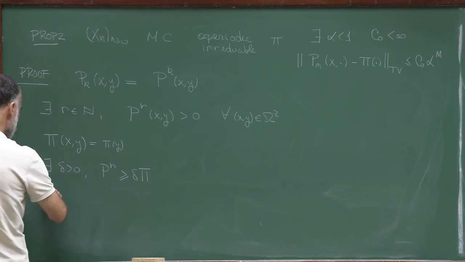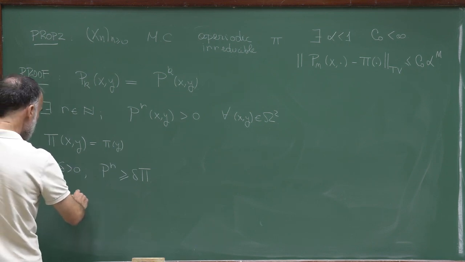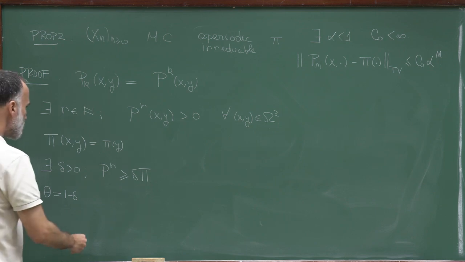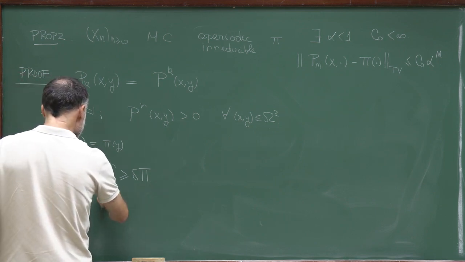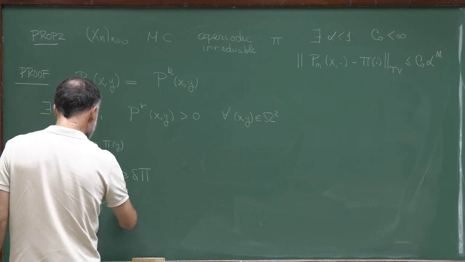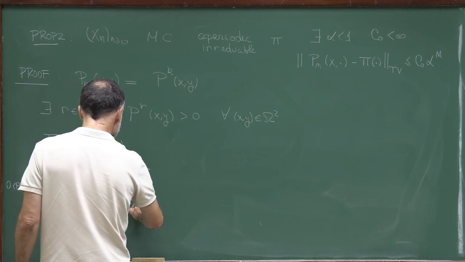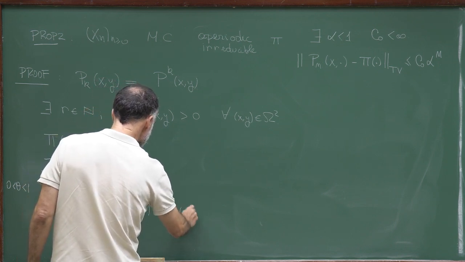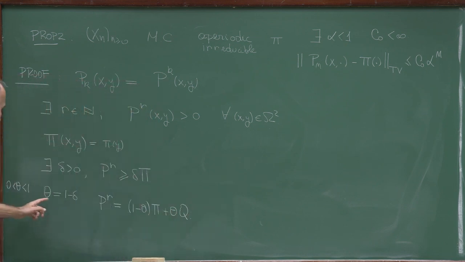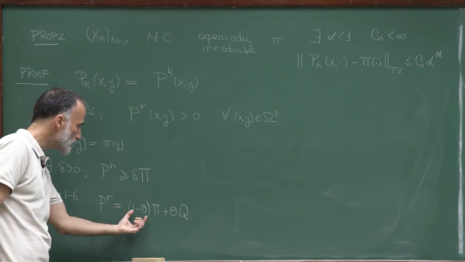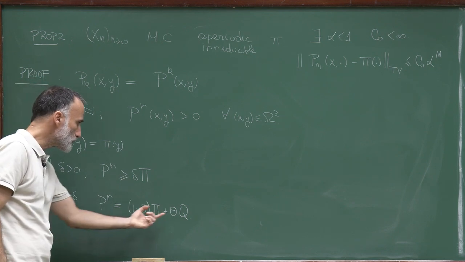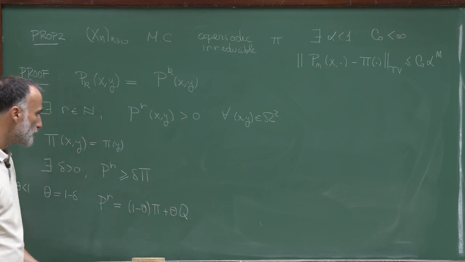And so let me call theta 1 minus delta. So theta is a number between 0 and 1. And let me introduce a new matrix by this formula. So P^r is equal to (1 minus theta) Pi plus theta Q. So theta is 1 minus delta, so if you wish, this is delta. So P^r minus delta Pi is non-negative. So this means that Q is non-negative.